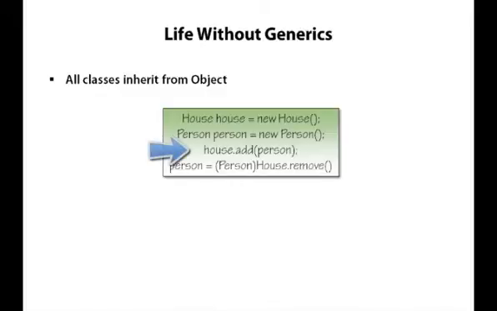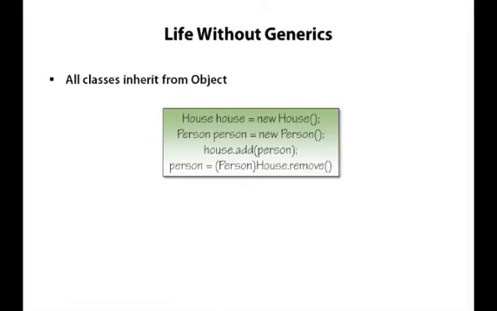I've created our house example here. You can see I'm creating a new house, I'm creating a new person, and I'm going to call the method house.add with the person. Now in this implementation I'm not using generics, so my add method is going to take an Object. This is so this house would work with a dog, a cat, a bird, a person, so I don't have to rewrite this code. Otherwise I would have created a person house, a dog house, but this house will operate on any Object. So I could put a person in there with add.